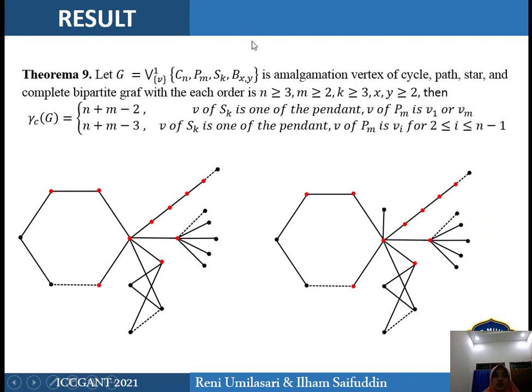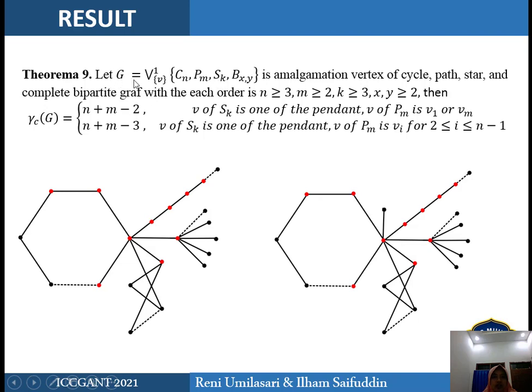Okay, this is the first result. We operate on some classes of graphs. They are cycles, path, star, and complete bipartite.